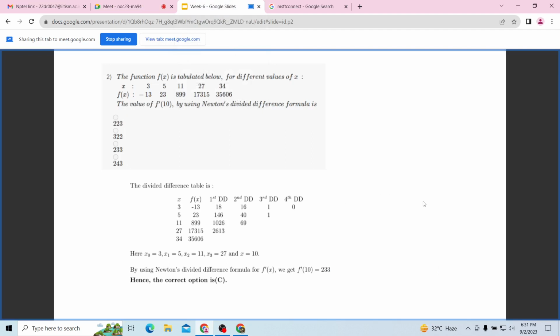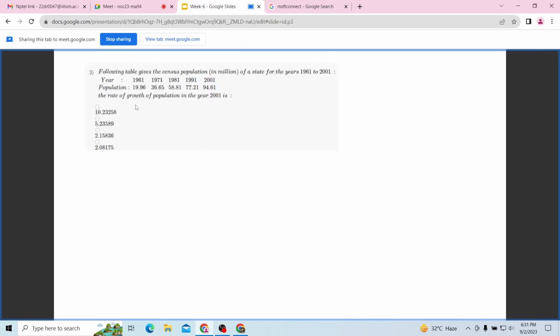The next question is question number 3, that says the following table gives the census population in millions of a state for the years 1961 to 2001.